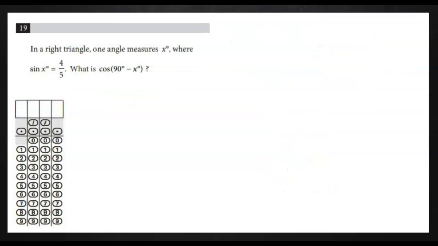Okay, in question 19, we are told that the sine of an angle x is equal to 4 over 5. We want to find the cosine of 90 minus x. So what you actually have here is a complementary angle relationship, and what that is telling you is that the sine of some angle has to equal the cosine of its complement.